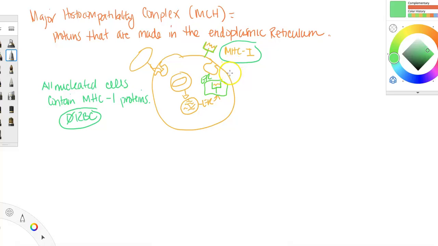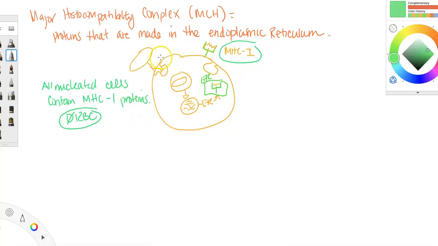And that's why it's so hard to donate organs, because you have to go through all kinds of testing to compare the MHC1 proteins of the donor and the recipient to see how closely they match, and they have to be fairly closely matched. If they're not as closely matched as possible, it won't work. And even then, you have to take special drugs so that you don't reject the organ. Okay, so that is MHC1 platforms.